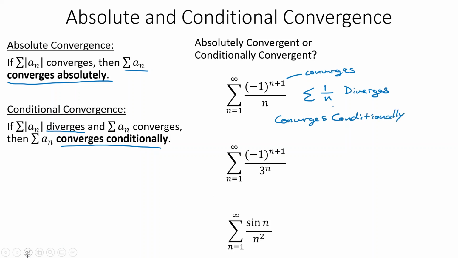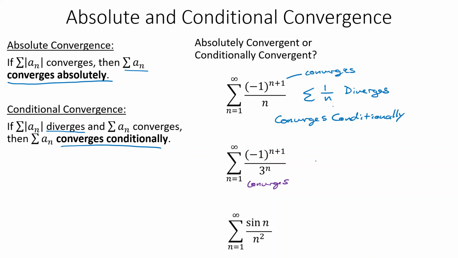All right, let's take a look at the next one here. If we look at this guy, this is just like we had before, but we had 2 on the bottom before. So this guy converges. Alternating series will get us that. The absolute value of the ratio would be 1/3, so it would be a geometric series that converges.